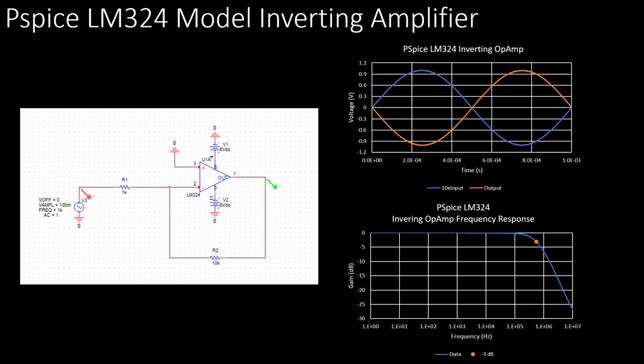As for the performance as an inverting amplifier, the gain of 10 was seen by both, although the frequency response in the simulated op amp was a bit lower than the one modeled in PSpice.